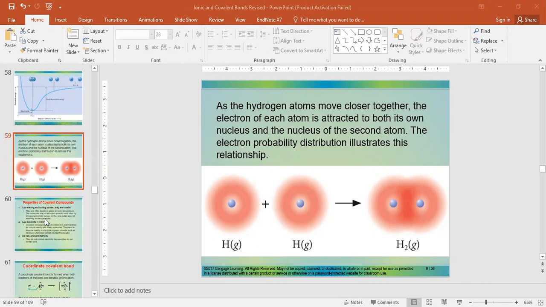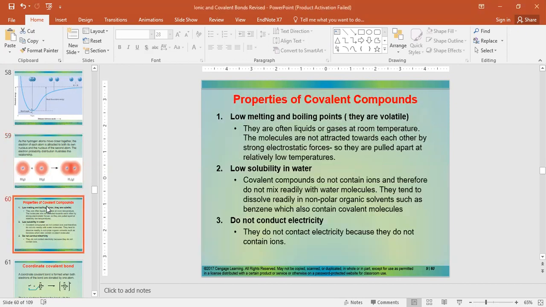So we go on. There is low solubility in water. We know that covalent compounds, especially if they are non-polar, don't dissolve in water. They do not contain ions and therefore do not mix readily with water molecules.